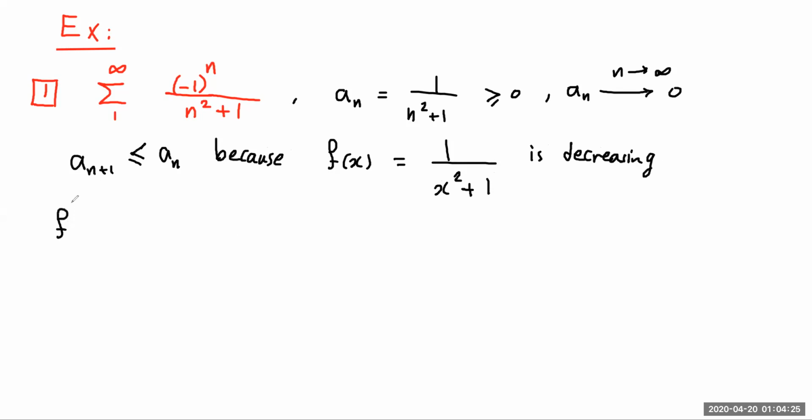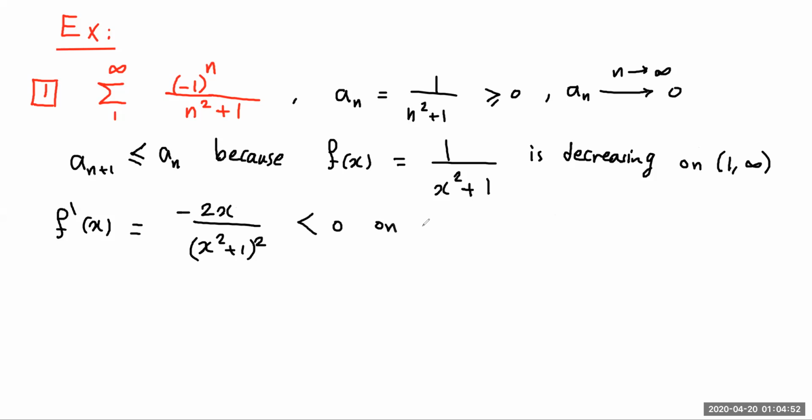Because if I take the derivative f'(x), it's minus 2x over (x power 2 plus 1) power 2. And here n is always bigger than 1, so I suppose I'm studying the function on the interval 1 to infinity. So this is always negative on the interval 1 to infinity, because x is greater than 1 and n goes from 1 to infinity.